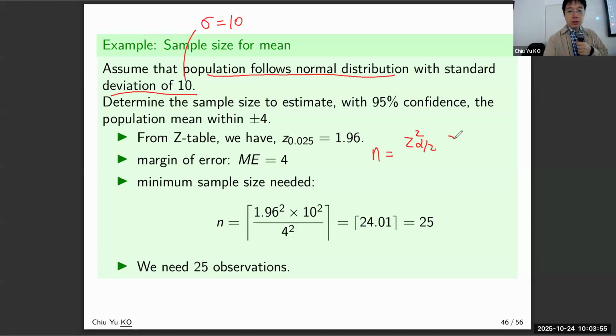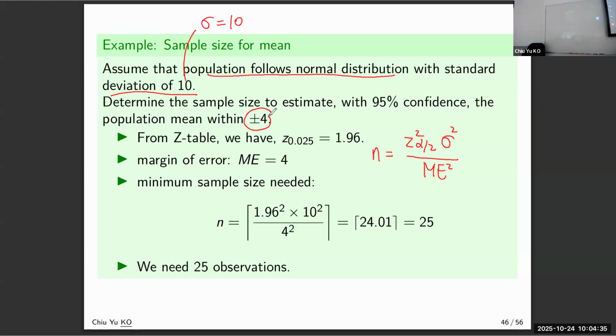if you still remember, sigma square over ME square, right? So sigma square is 10 square. So that is what you see here. This 1.96 we do many times already, so I'm not going to repeat, right? And ME is you decide to be within 4 of the population mean, right?